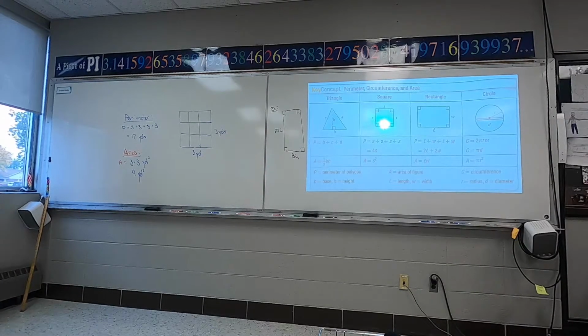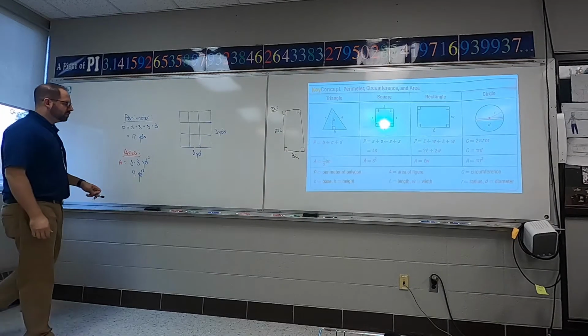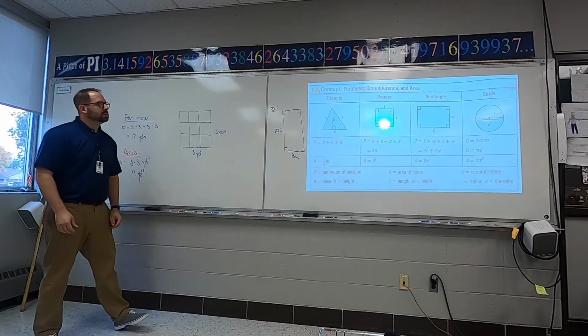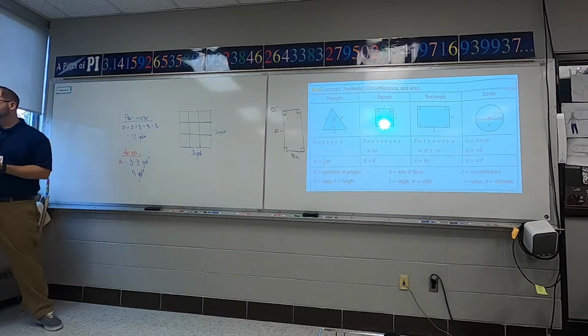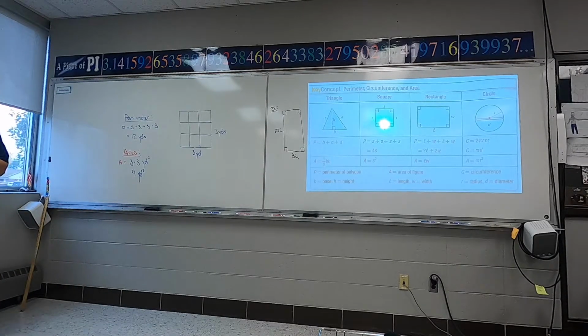Same exact thing: I want perimeter and I want area. Let's do those two parts first. Figure out perimeter and the area.